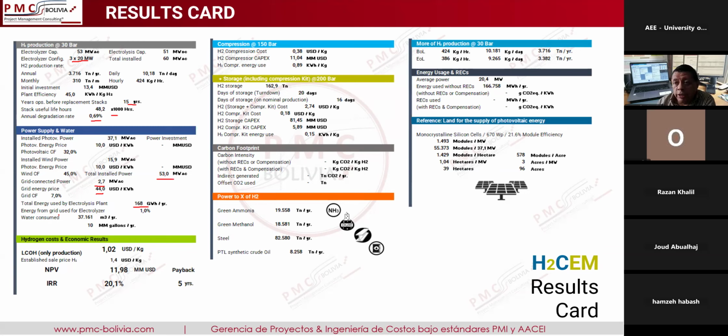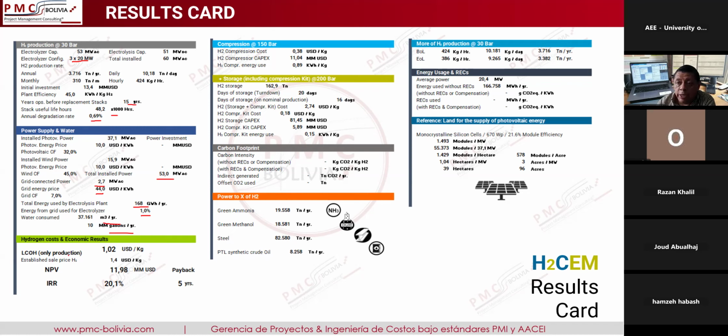Energy from the grid used for electrolysis is less than 1% approximately. Water consumption, cubic meters per year, millions of gallons per year.